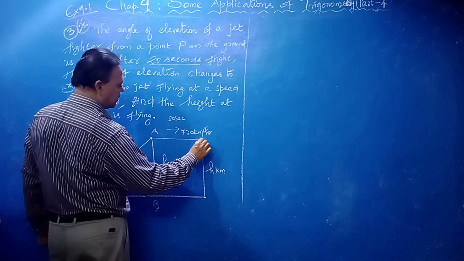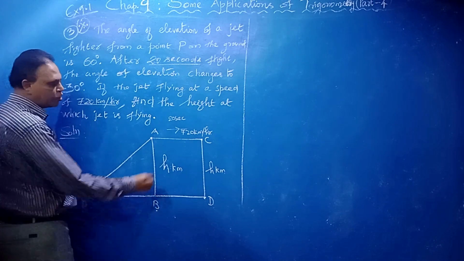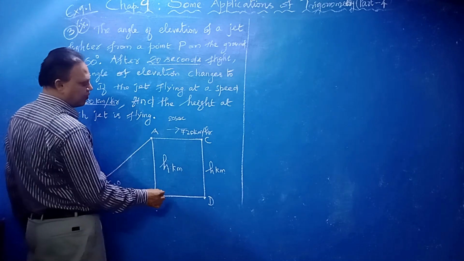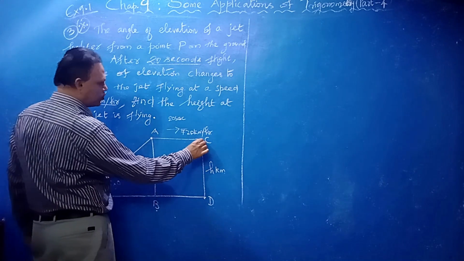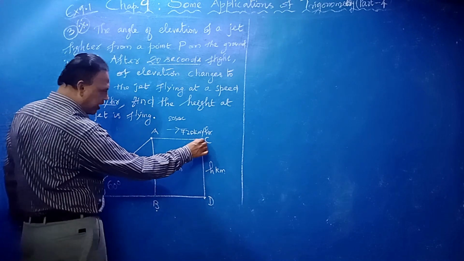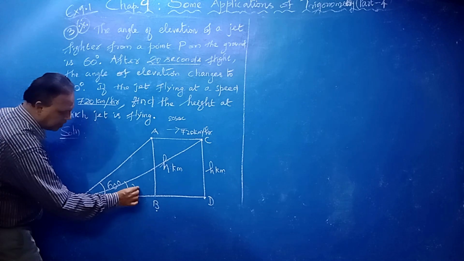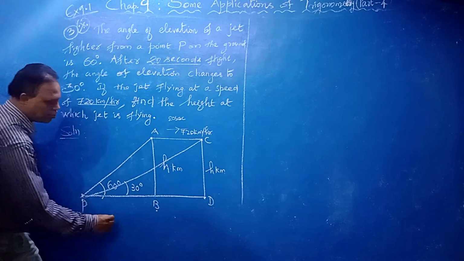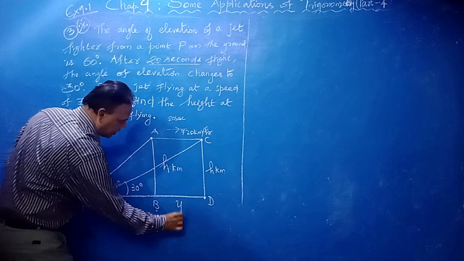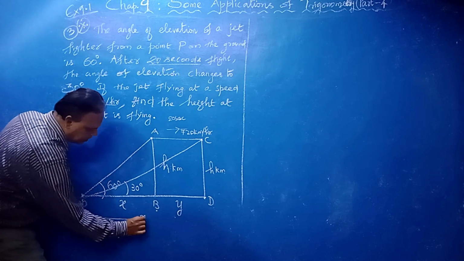Take this distance as D. Using speed and time, you have to find the distance from A to C. At that time the angle of elevation is given as 30 degree. Now take this one as x and this one as y, so this distance is x plus y.